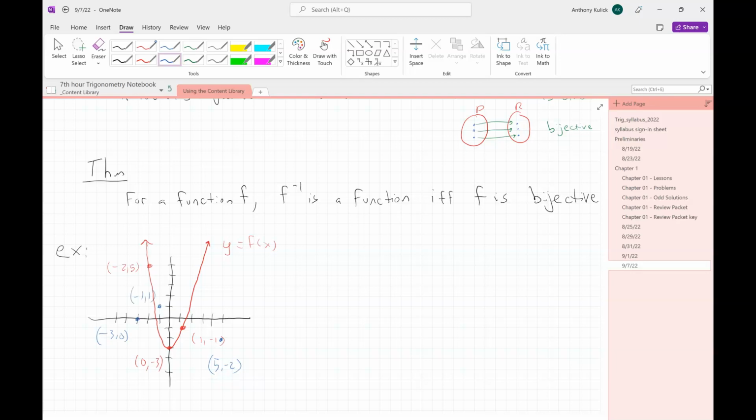Now I just need to connect these 3 points together. How am I going to do that? Here's the trick. This extrema is going to still be an extrema in the inverse. So that's going to be the point furthest to the left.